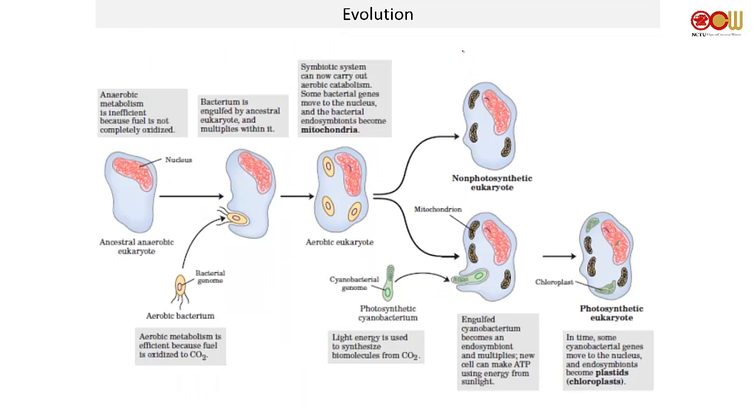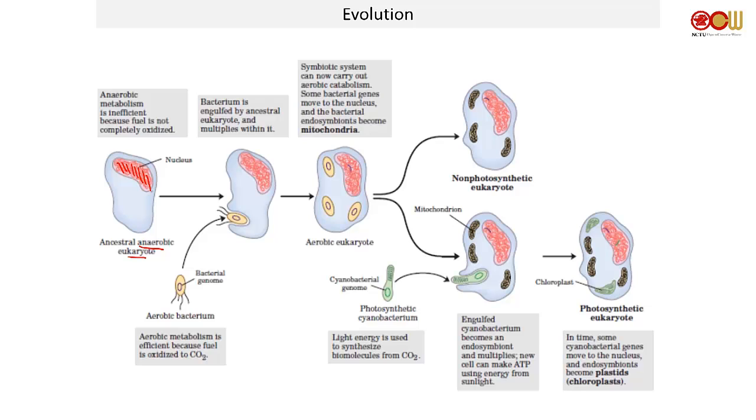Now, I always like a pictorial view. Pictures are always good. So initially, you start with some kind of anaerobic eukaryote, the first eukaryote. What separates eukaryotes from prokaryotes is that your nucleus has DNA, so you've got two membranes, kind of.